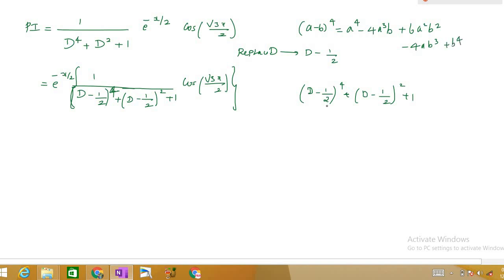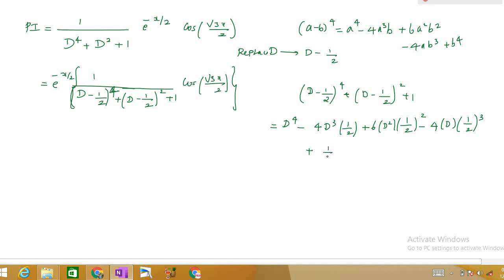Now you have to expand this term plus 1, and then simplify. When we expand, we will have d power 4 minus 4 into a cube into b plus 6 into a square into b square minus 4 into a into b cube plus b power 4.